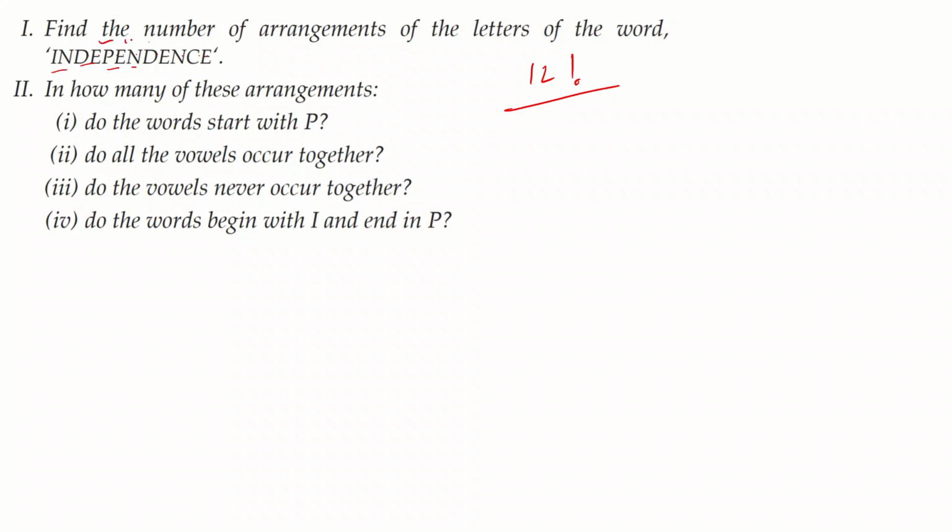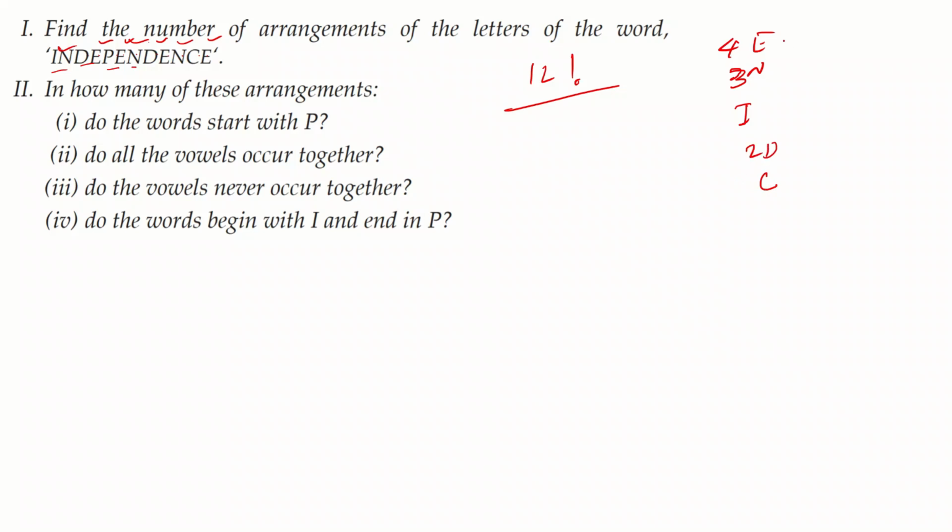So we have 1, 2, 3, 4 E's. Then we have 1, 2 and 3 N's. Then we have 1 I. Then we have 2 D's and we have 1 C.